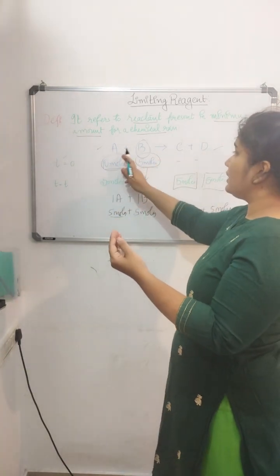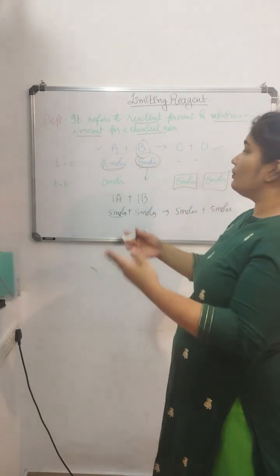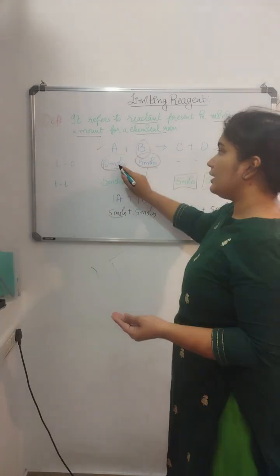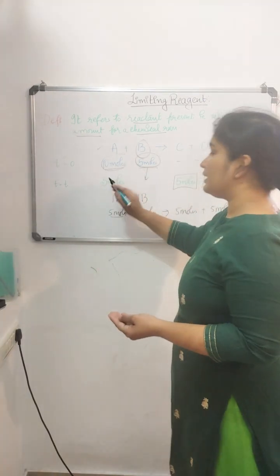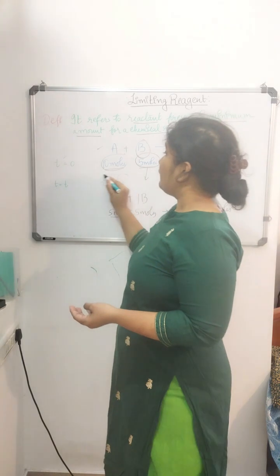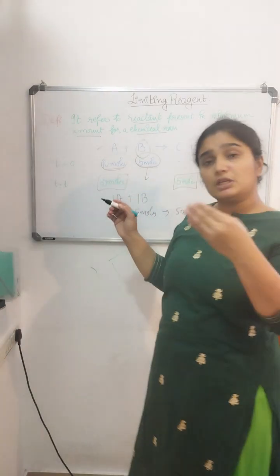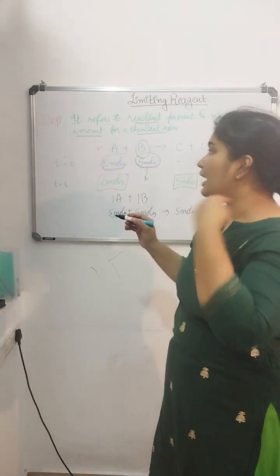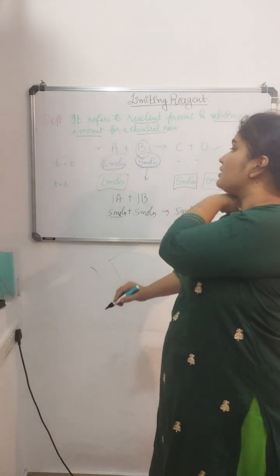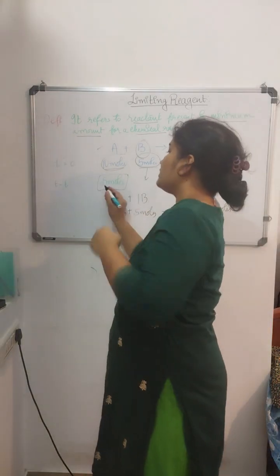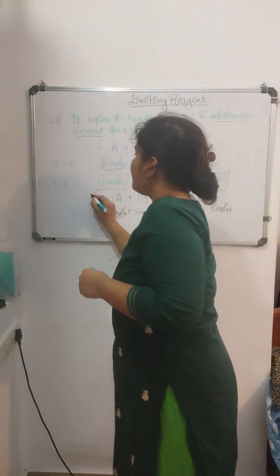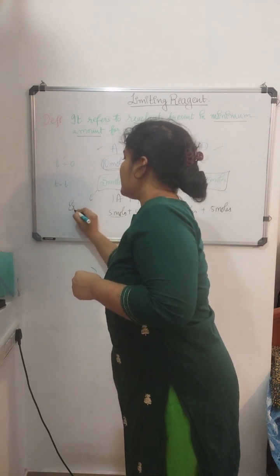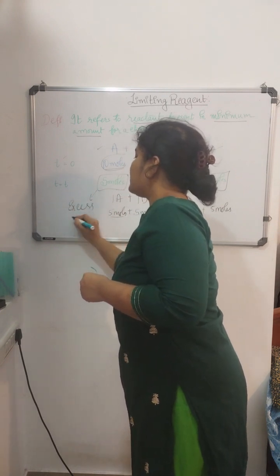If you are comparing A and B, B gets over first, then A gets over. So at time t seconds, 5 moles of A still remain in the mixture unreacted. This reactant we call the excess reagent.